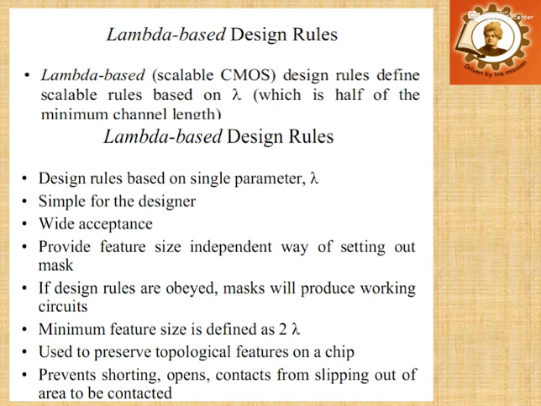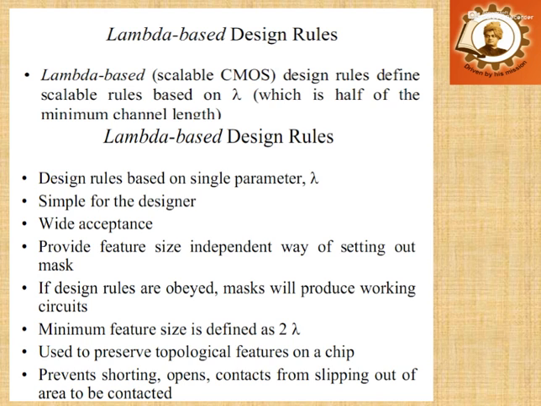So let us differentiate micron rules and lambda rules. A micron rule is an absolute design rule, and a lambda rule is a scalable design rule. Micron rules are based on absolute distance, like 0.5 micrometer. Lambda rules are based on unit lambda, where lambda is the size of the minimum feature.